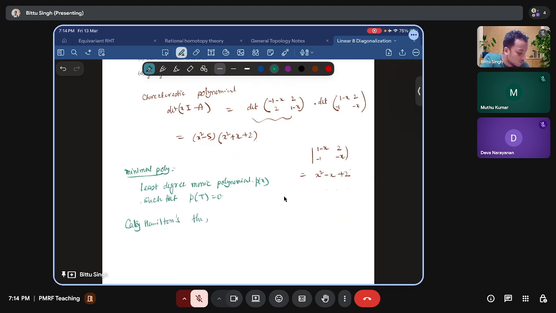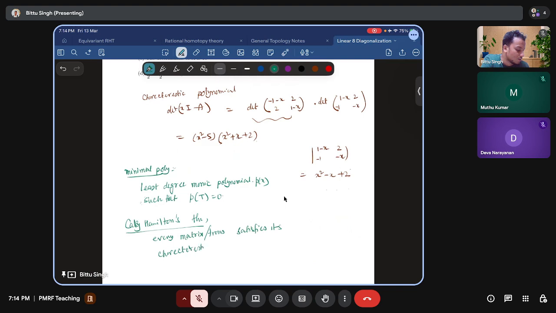In general, we also know the Cayley-Hamilton theorem, that every matrix or linear transformation, both are the same, satisfies its characteristic equation.